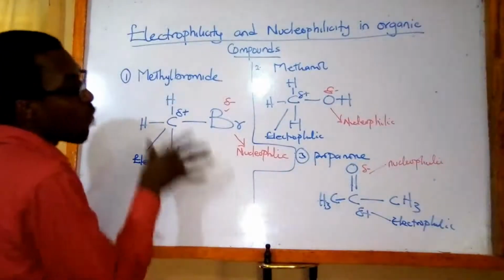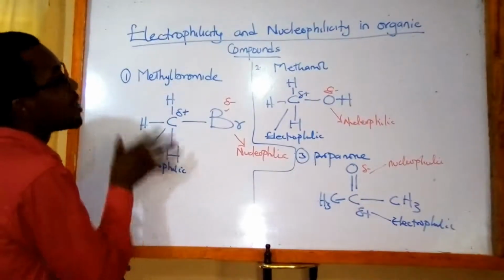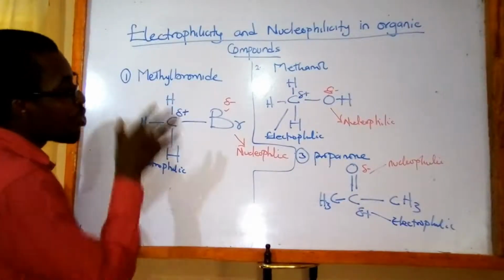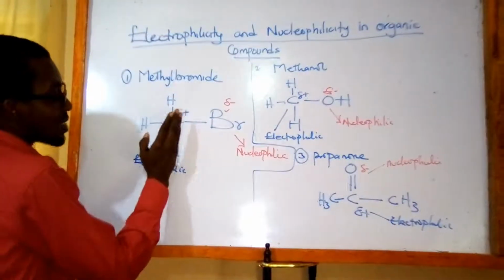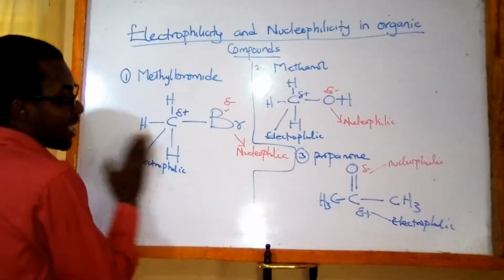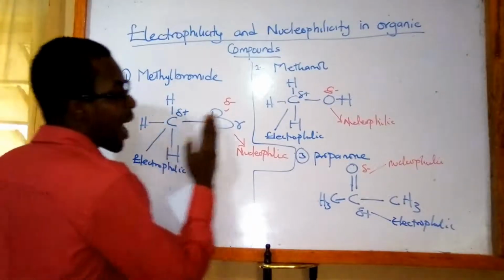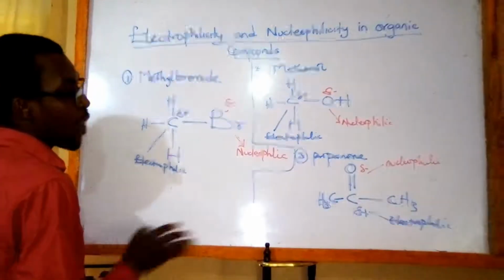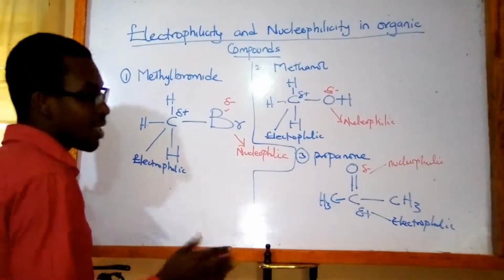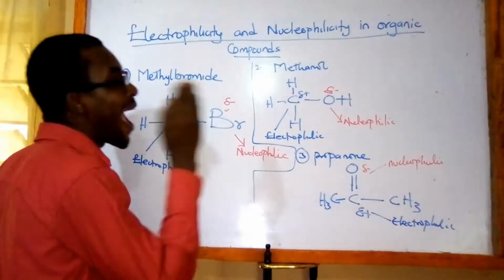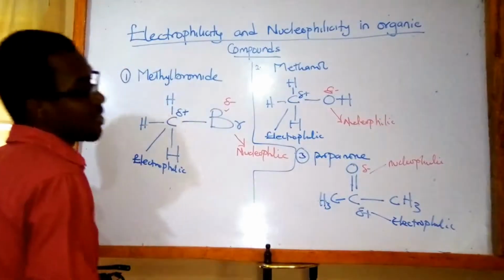And this is because of the polarity of the bonds in organic compounds. Remember, if the compound is polar, one side acts as an electrophile, while the other part acts as a nucleophile. Don't forget that electrophilic centers are electron deficient centers, while nucleophilic centers are electron rich centers. Thank you.